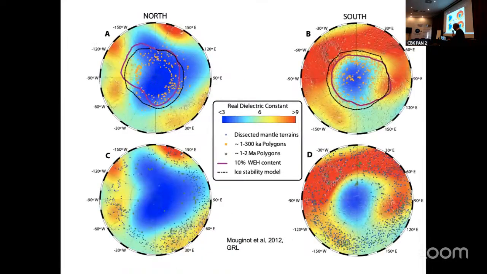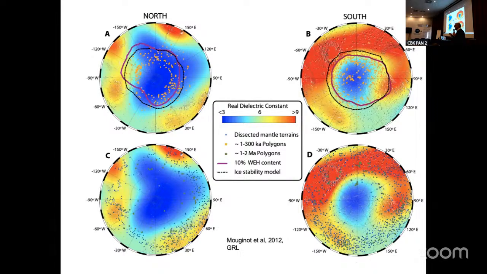This is a different presentation of the result. All this region to the north has a very low dielectric constant, which means that we have most probably a lot of water ice here. It's really permafrost.